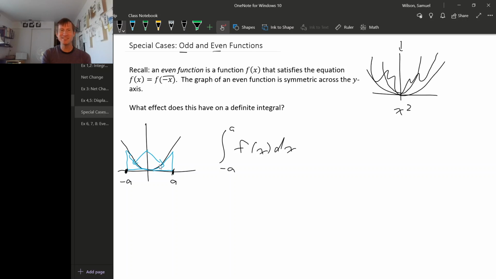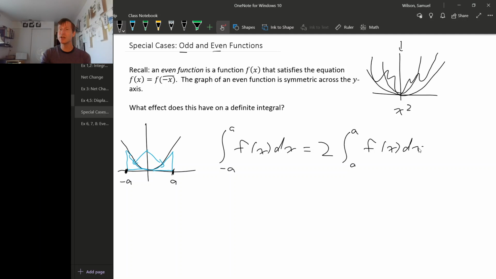But because it's made up of these two equal pieces, all of the area is actually twice one of these two pieces. Let's write down the piece on the right just to be concrete: twice the integral from 0 to a of f of x dx.